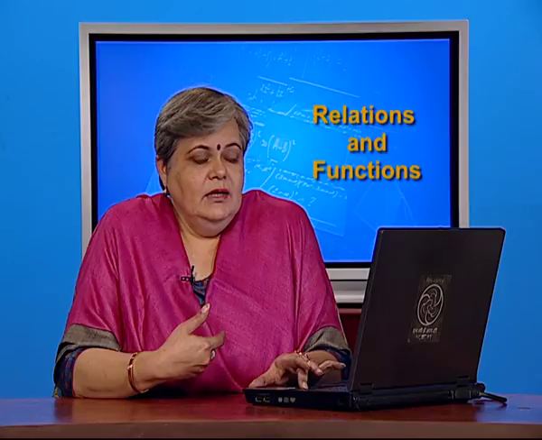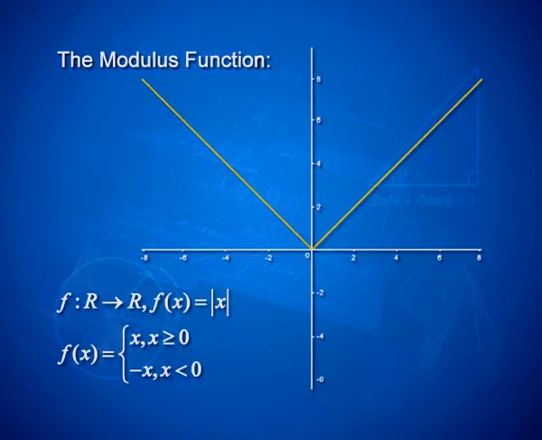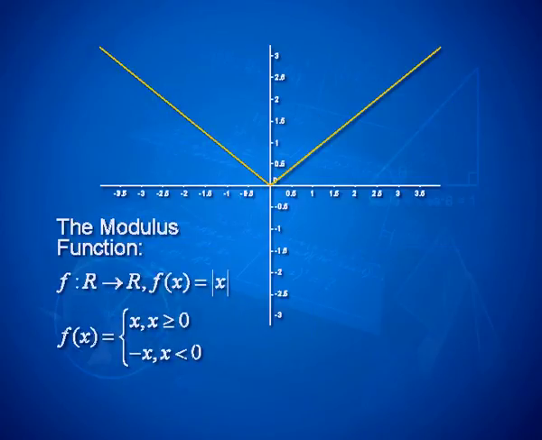With that in mind, if I plot the first part of this function, that is when x is greater than or equal to 0, I get a line again diagonally inclined at 45-degree angle with the x axis. Negative x will be the line in the second quadrant. Put together, the two constitute the graph of f x is equal to modulus x. So, now from the graph, let us see if you can decide what the domain is.